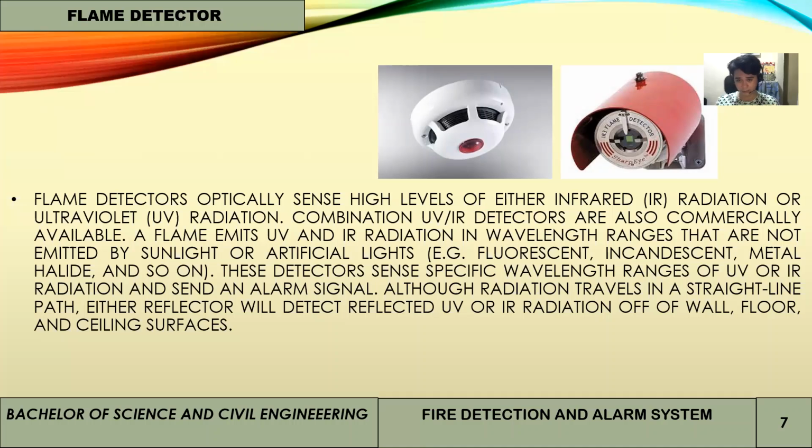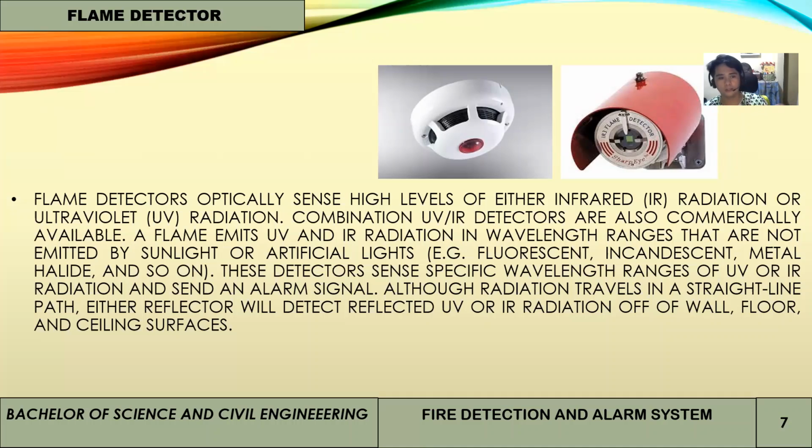Although the radiation travels in a straight line path, either the reflector will detect reflected ultraviolet or infrared radiation off the wall, floor and ceiling surface. Ang flame detectors daw kay nag-sense siya sa high level sa infrared or ultraviolet radiation.